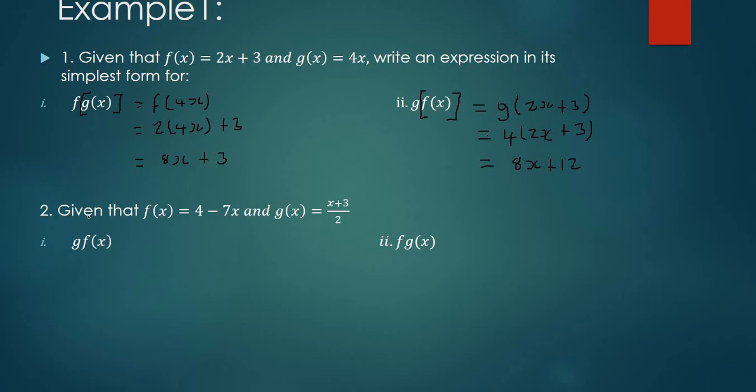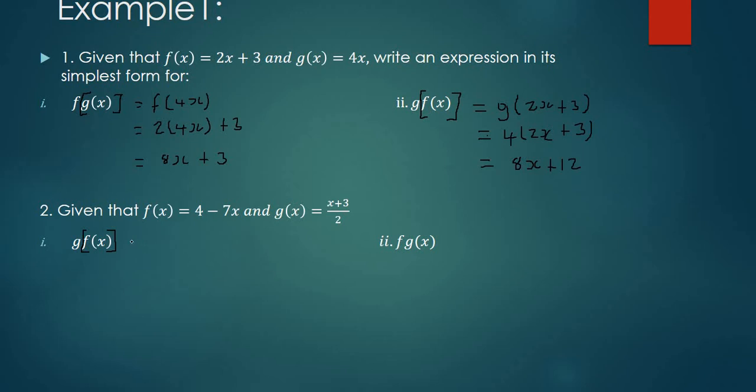Now to the second example. Given that f of x is equal to 4 minus 7x, and g of x is equal to x plus 3 all over 2, evaluate g of f of x. Again, this means we are putting a function into a function. So this means that we are putting the function f into the function g.